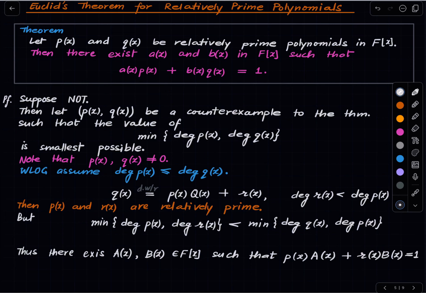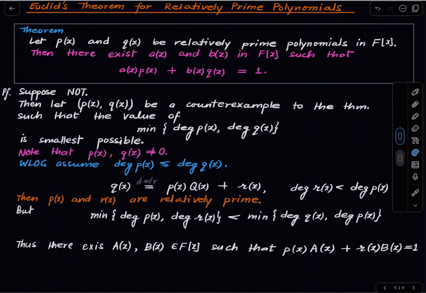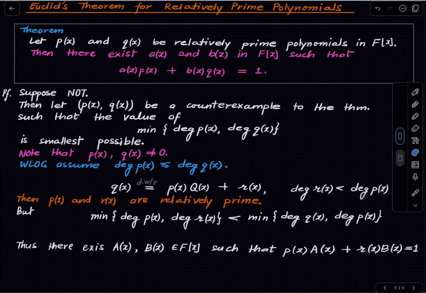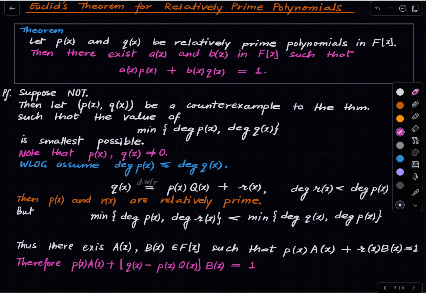But now just substitute the value of R(x). I'm kind of running out of space, so let me make some space. So here all you need to do is just write down the expression of R(x) in terms of q(x), p(x), and that Q(x). So R(x) is nothing but the difference of q(x) and p(x) times Q(x), and that is what we will write here. So we get, therefore, this is equal to 1.